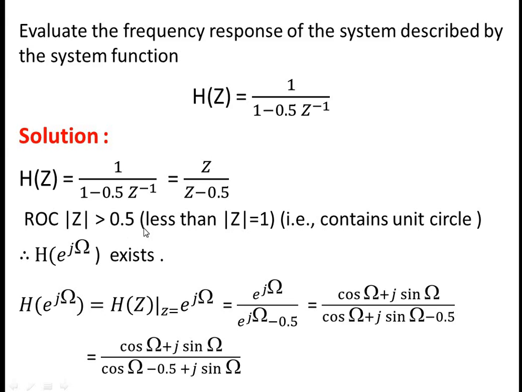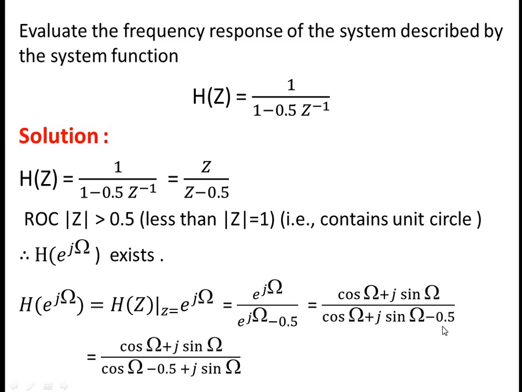Now we are going to substitute z as e power j omega in H of z, which is e power j omega divided by e power j omega minus 0.5. We all know Euler's identity, and we can write this as cos theta plus j sin theta. So here, cos omega plus j sin omega divided by cos omega plus j sin omega minus 0.5.